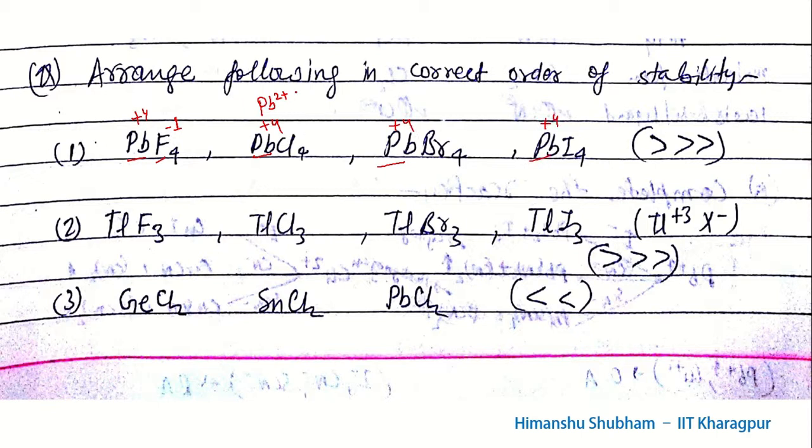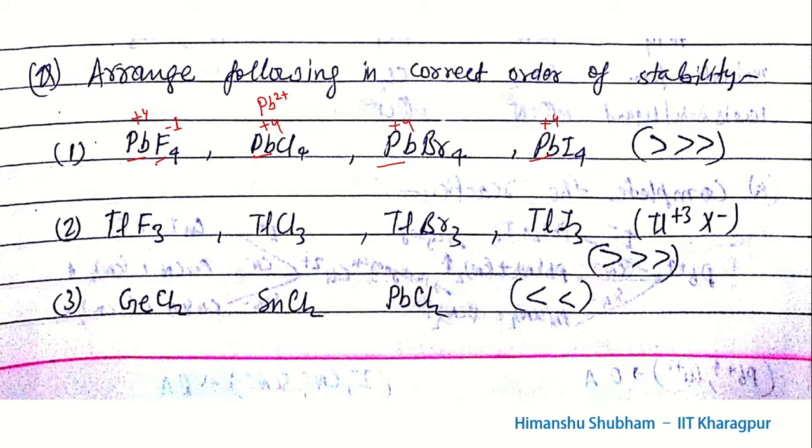Pb wants to be in the +2 oxidation state, but in the compound it is in +4. If the anion involved is a good oxidizing agent, then the +4 oxidation state of Pb would be stable.